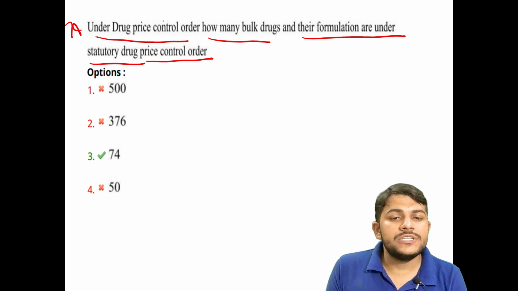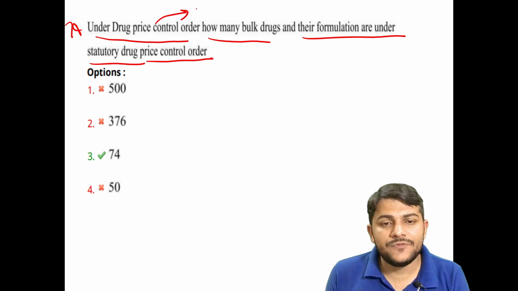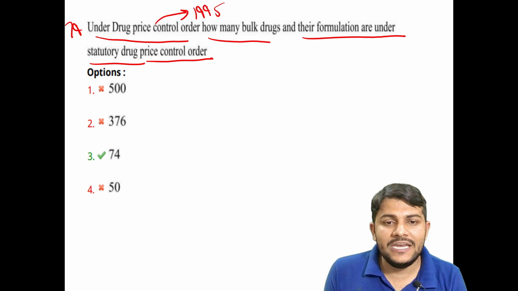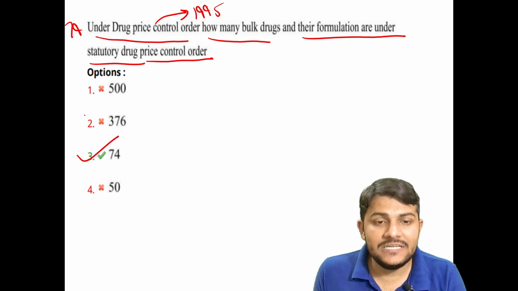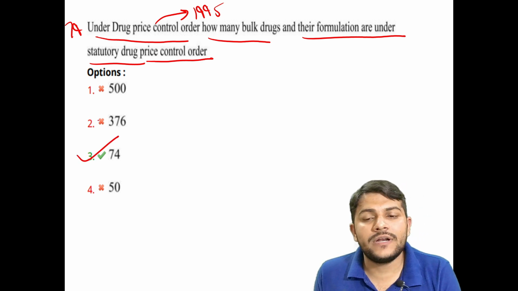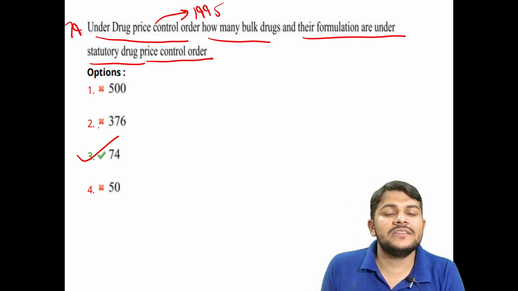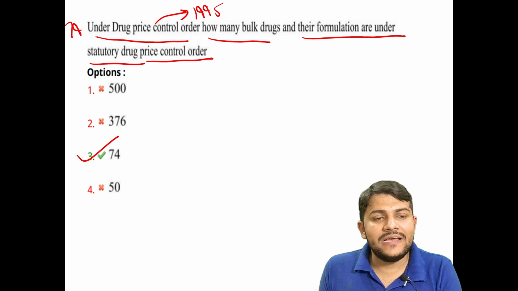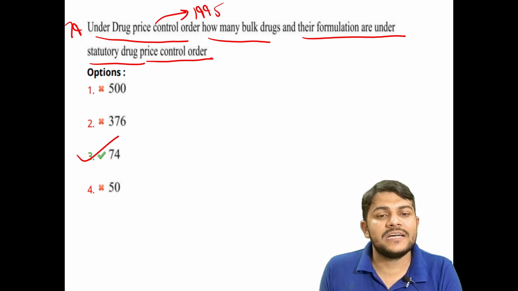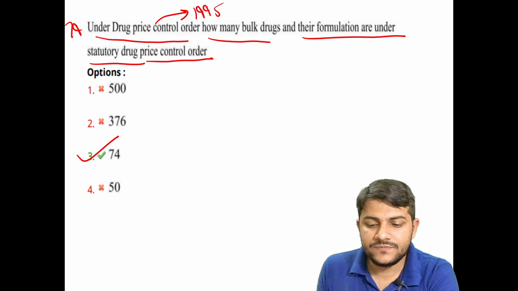This question is asking from the initial stage, like 1995. According to that, 74 standard drugs are under the Drug Price Control Order. For these 74 drugs, the formulations are statutorily under price control. After 2013, around 650 drugs are scheduled with a standard price.